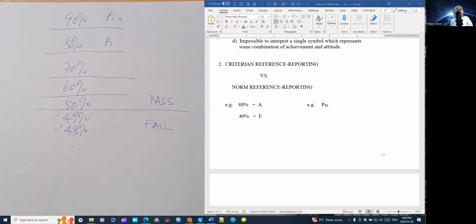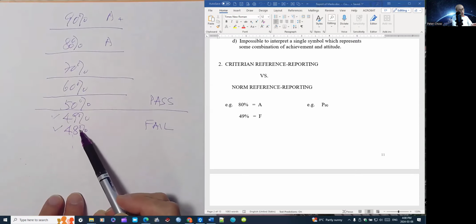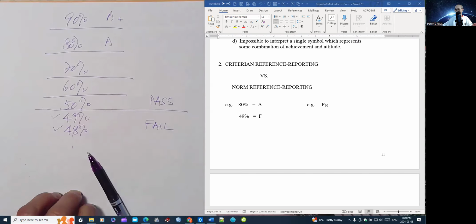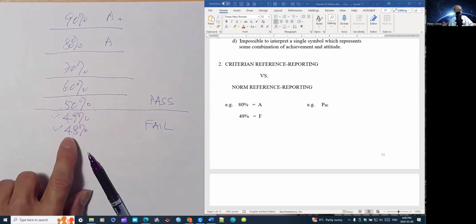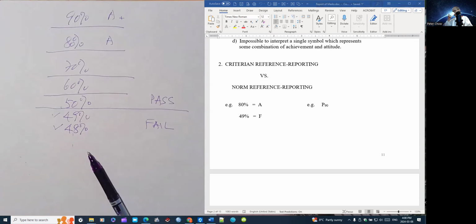Normally, what I'll do is look at whether the student has submitted all the assignments. If all the assignments have been submitted, then I will pass at 48%.